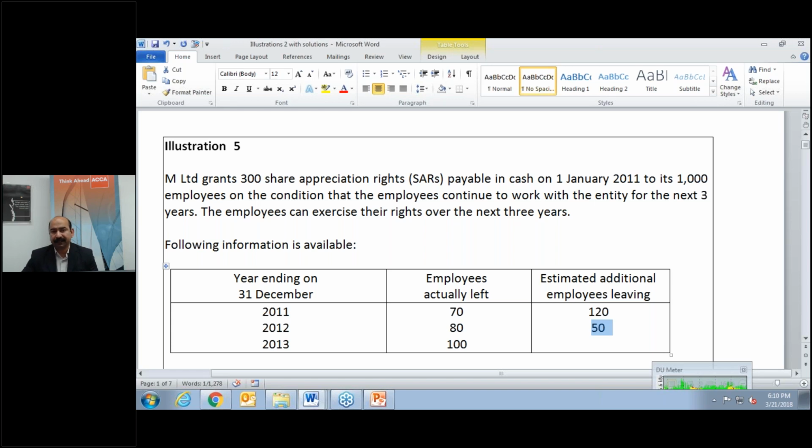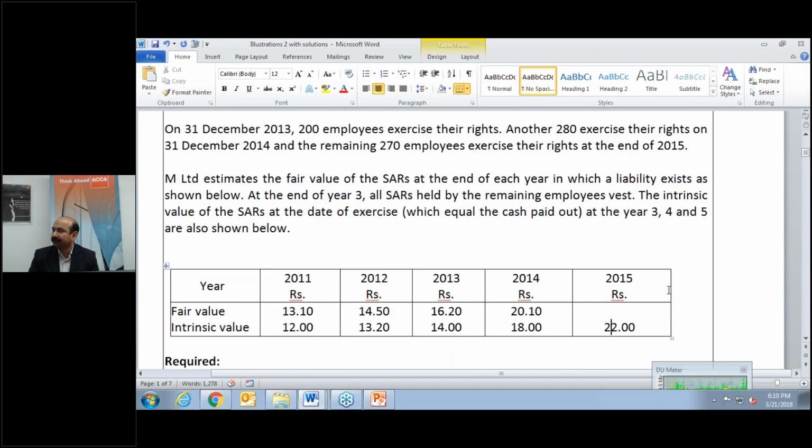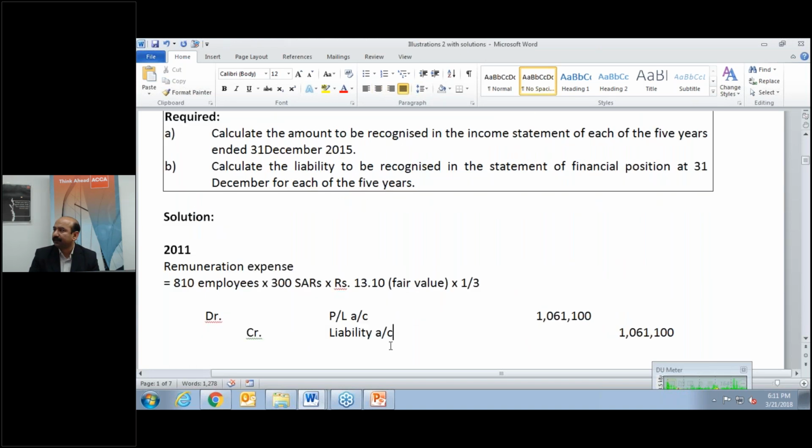300 into 800. Now we want to know the fair value of this SAR, and this is given over here, 14.5. So when we multiply 300 into 800 into 14.5, this will give us the revised total remuneration expense.